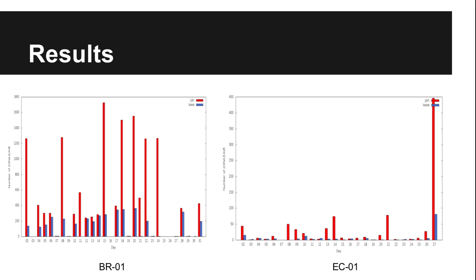The results, as you can see, show that it varies depending on the honeypot. As you can see in the picture, the honeypot BR01 has more leave and join events than EC01. And the conclusion is that this indicates the spam bands from those honeypots communicate more among themselves.